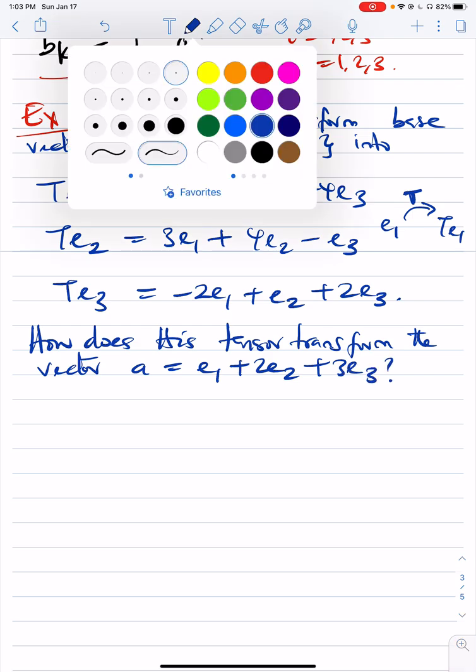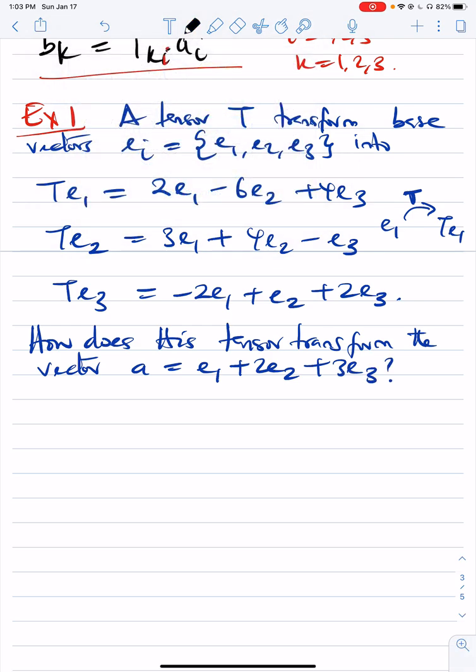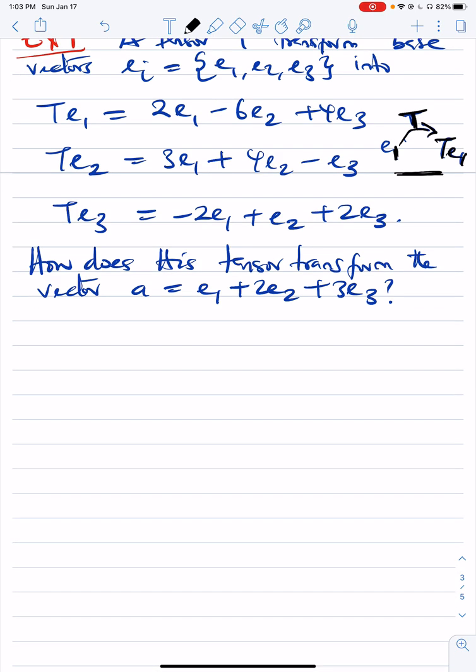Previously, when solving questions like this, we simply found T. We transformed the base vectors Ei to TEi. But now this question goes a step further. After you find T, notice how this tensor transforms the vectors. So after you get your T, you find TA, and you see how T gives you a B.